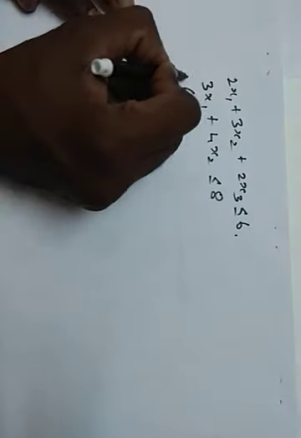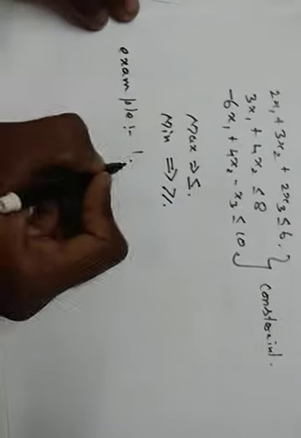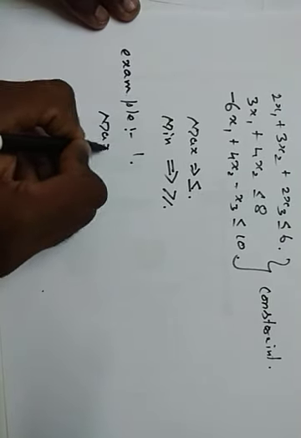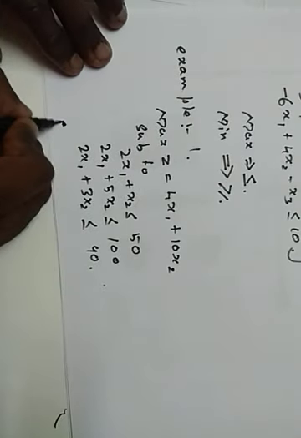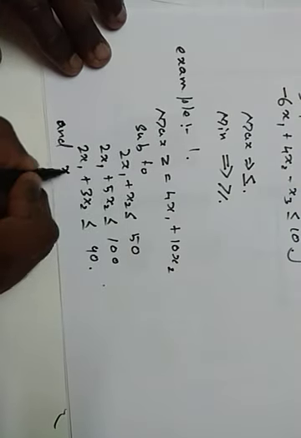Example 1. Max Z equal to 4x1 plus 10x2, subject to 2x1 plus x2 less than or equal to 50, and 2x1 plus 5x2 lesser than or equal to 100, and 2x1 plus 3x2 less than or equal to 90, and x1, x2 greater than or equal to 0.